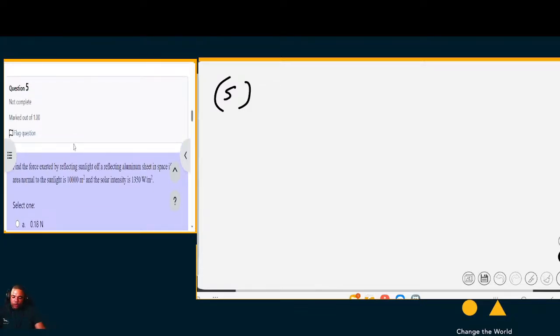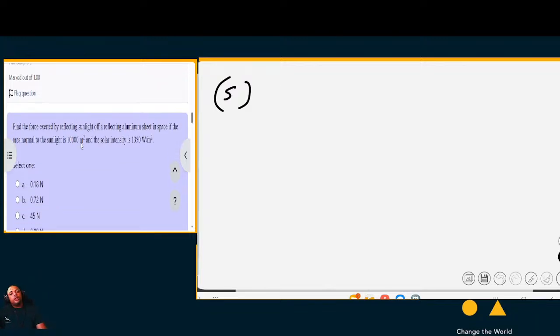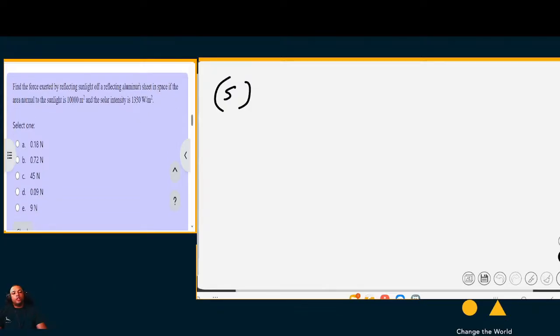Find the force exerted by reflecting sunlight off a reflecting aluminium sheet in space if the area normal to the sunlight is 10,000 square meters and the solar intensity is 1,350 watts per meter squared. You have seen this number, it was 1,356. Different textbooks have different values for solar intensity.